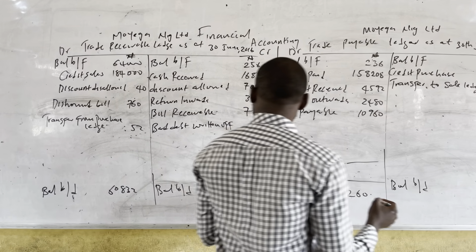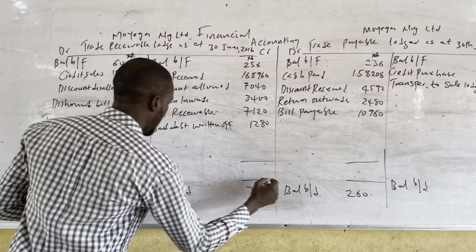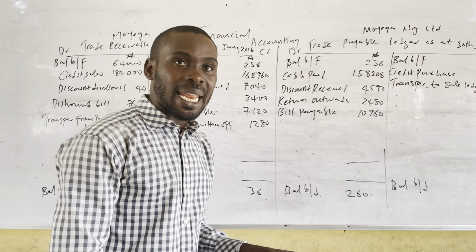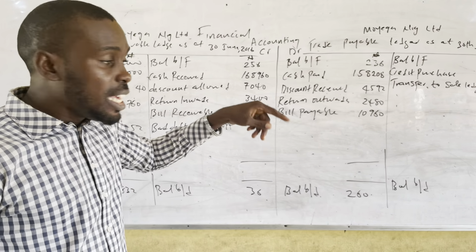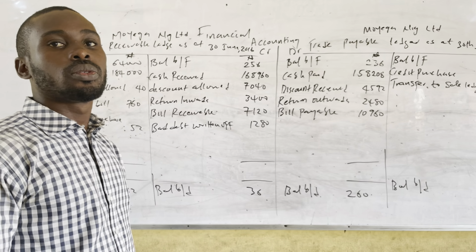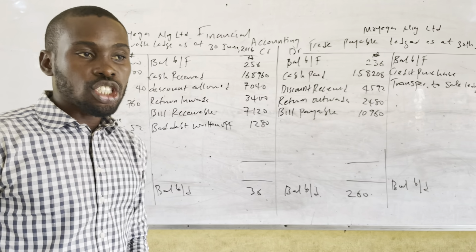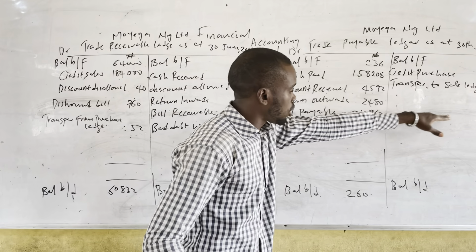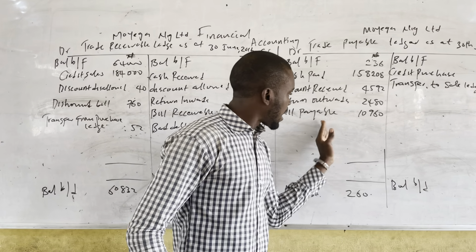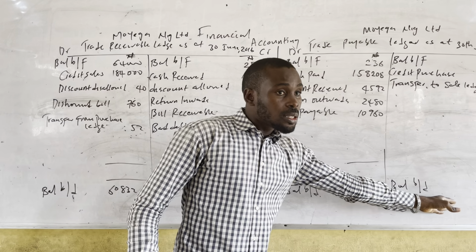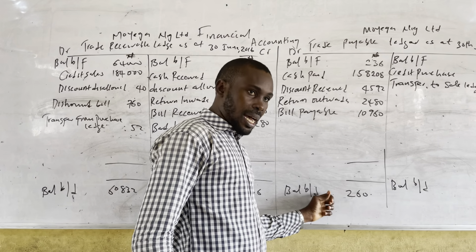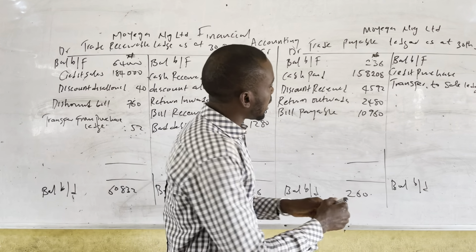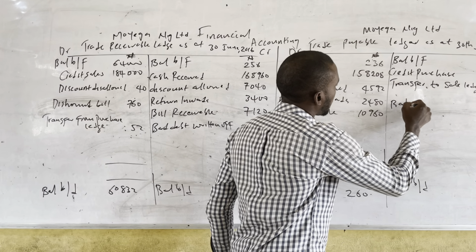Now please, if you check the principle I told you earlier, I said for every time there is a balance brought down, it means that there was a carry down. Go and check. Carry down becomes brought down. Carry down becomes brought down. So what it means is that this brought down has a carry down here. Are you seeing there? So I can just come here and say balance carry down.